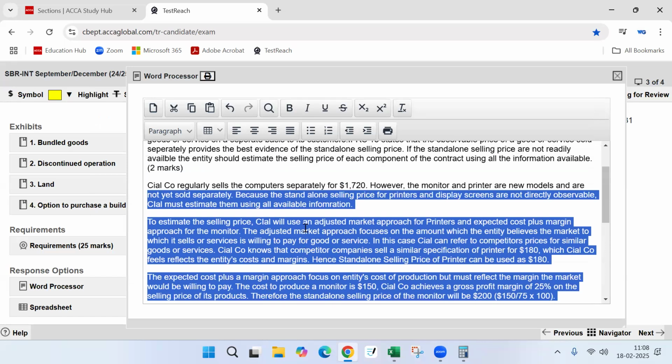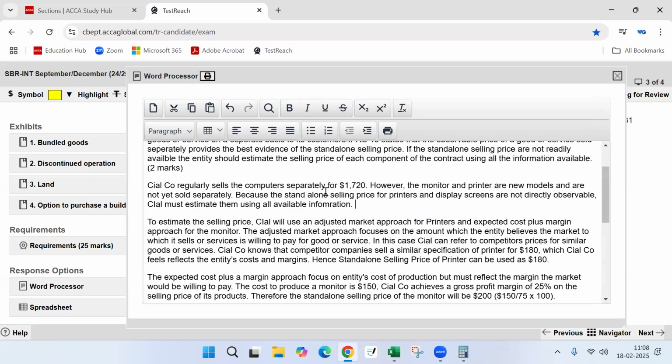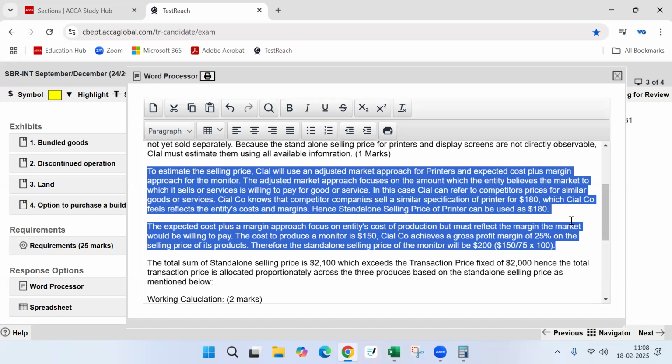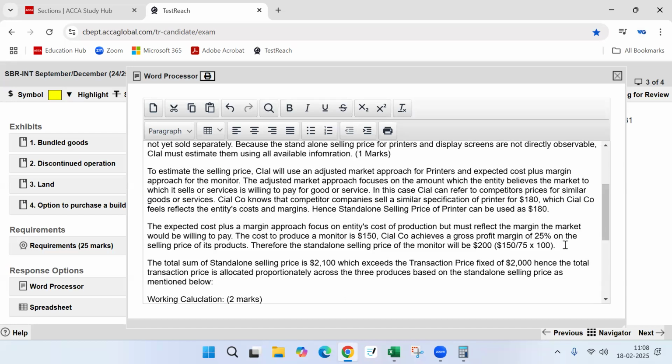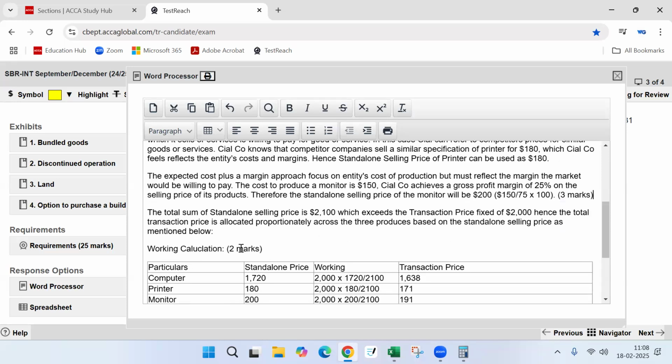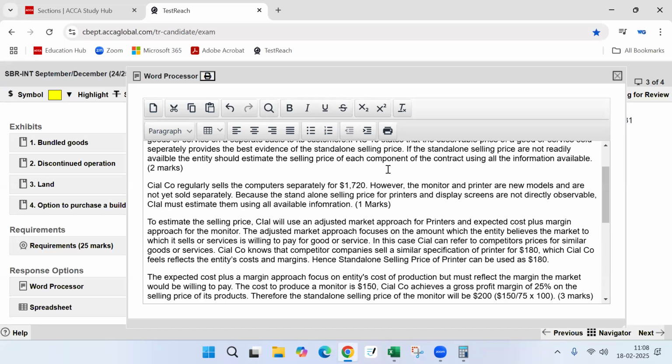To explain this, this is straightforward, so you will get 1 mark for this, correct? And then these two, to explain these two, you will get 3 marks. So total will be 2 plus 1, 3 plus 3, 6 plus 2 will be 8. Understood, right? This is how the marking schema will be for the entire 8 marks.